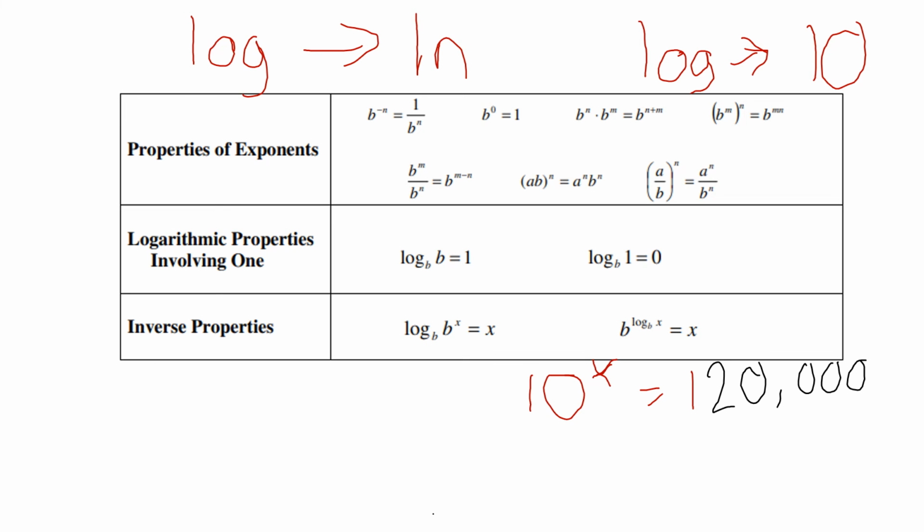So guys, remember, you want things to easily cancel out. So when you see log, let me rewrite this in a different color. When you take log of this side and you do log here, this goes away, because remember this is understood to be log with a base of 10.